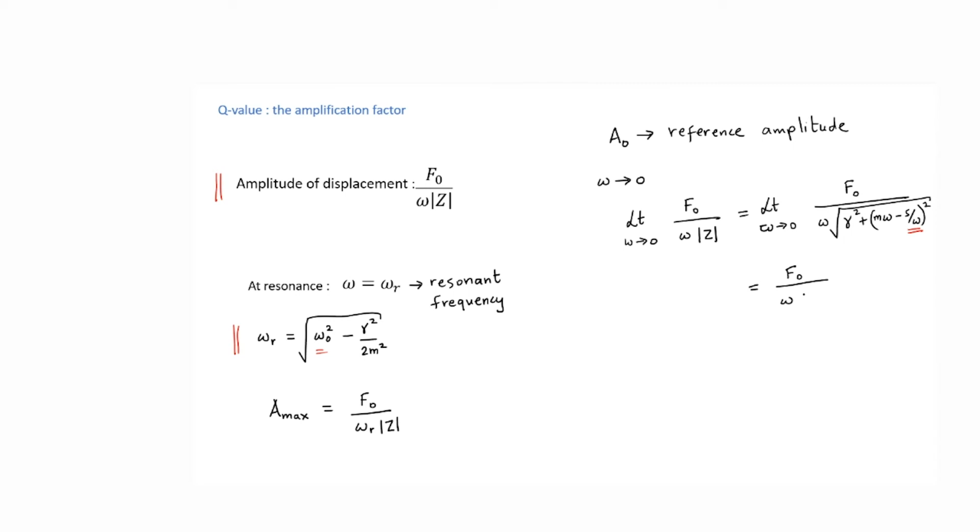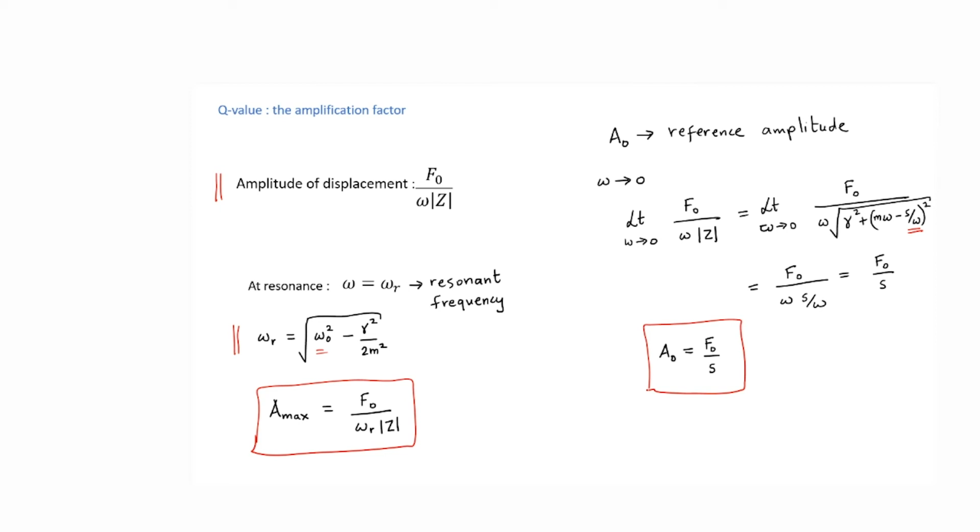I am going to have s by omega here, omega and omega would cancel. So, this would finally give me f 0 by s. Remember that s is a stiffness constant. So, in the limit of omega tending to 0, my reference amplitude is A 0, which is f 0 by s, and this reference amplitude, as you can see, is independent of omega itself.